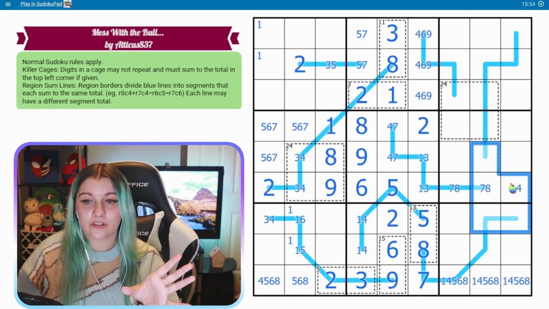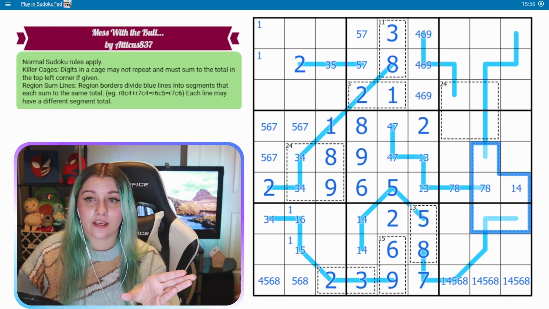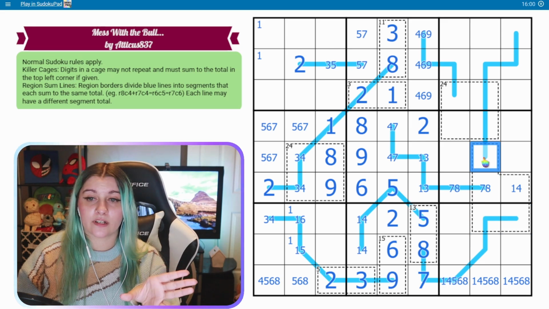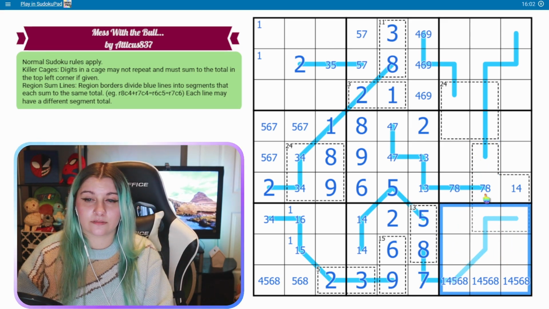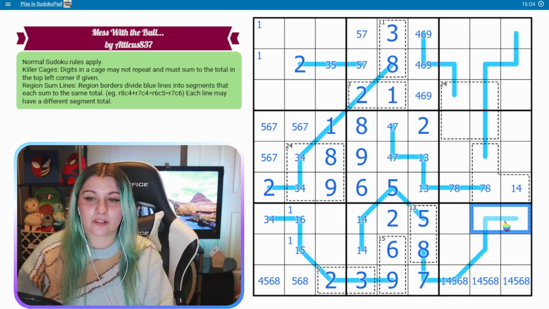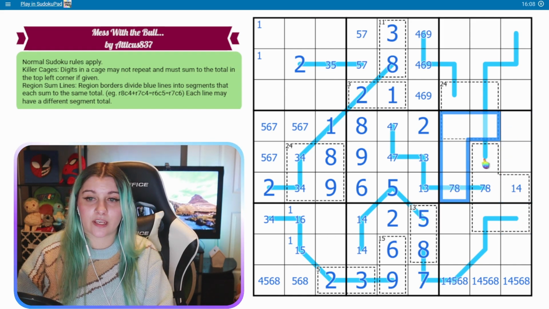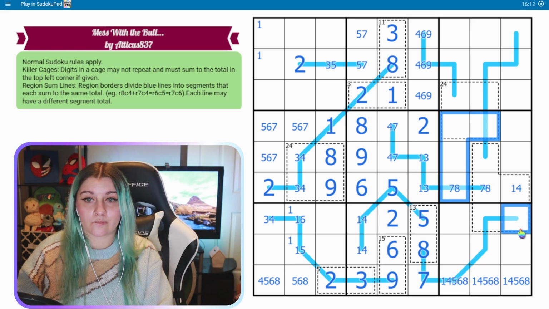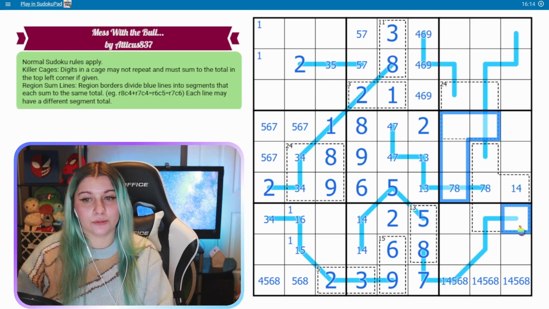Ooh, I haven't looked at this. Maybe I want to think about this. Where does this digit go in this box? It can't go here, and it also can't go in this cage anymore. Ooh, I don't know.